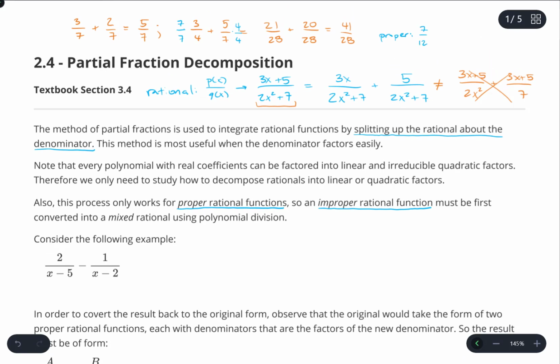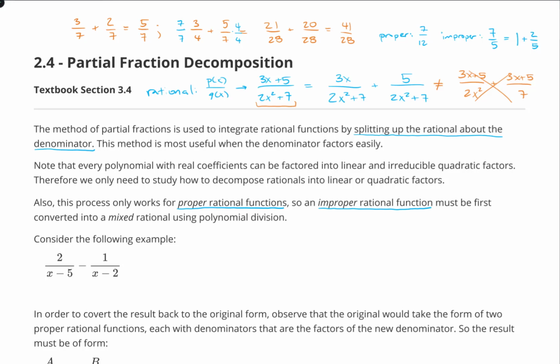So the numerator is less than the denominator. An improper fraction is something like 7/5, where the numerator is greater than or equal to the denominator. Because the idea is, with an improper fraction, you can rewrite that as the sum of a whole number plus a proper fraction. Okay? Now, what we're going to develop here will only work for proper rational functions.